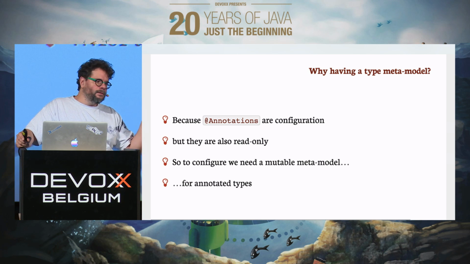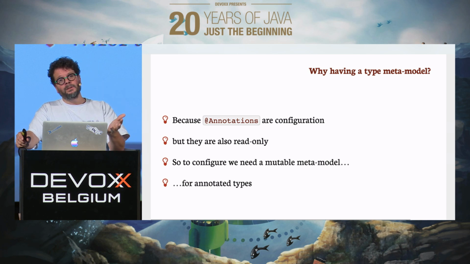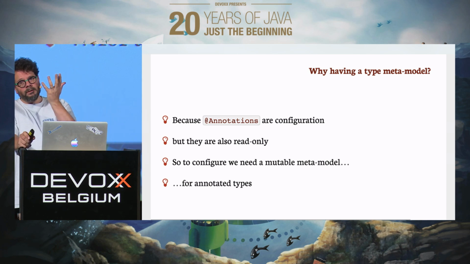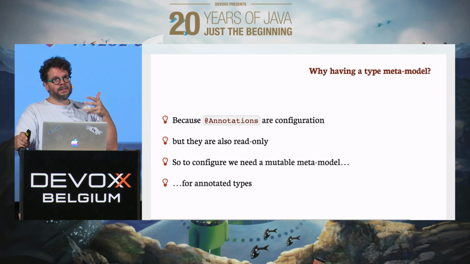It's interesting to read configuration, but we might also want to write configuration. But if you go to the reflection library in Java, everything is read-only. So we need a meta model to map all the information on the classes and be able to change it. So we created in CDI the Annotated and AnnotatedType concepts to map all the information on a given type.